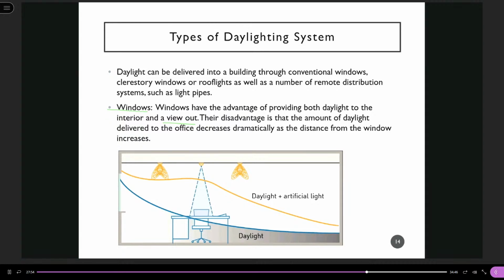This blue curve gives you the lighting level due to daylight. When it is close to the window, you have a high lighting level, but the lighting level will drop dramatically in the deeper part of the room. That's why we need artificial lighting to supplement the daylight.